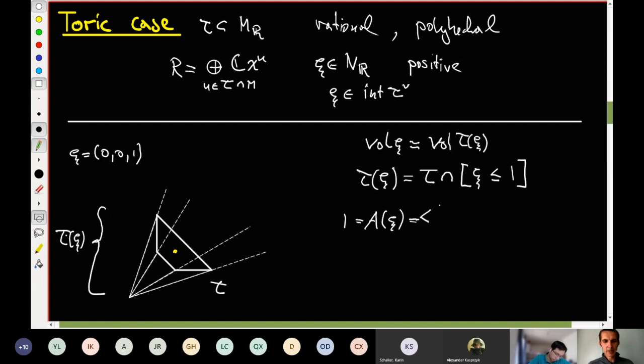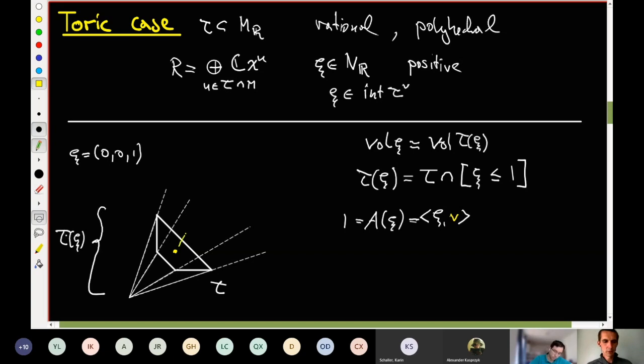It was just the pairing of xi with a certain vector, which I called the canonical weight of our ring. What is this canonical weight? Since we started with a reflexive polytope, the origin was the only interior lattice point, and then we embedded the polytope in height 1 in a vector space, and now the canonical weight is exactly this interior lattice point inside our polytope here.